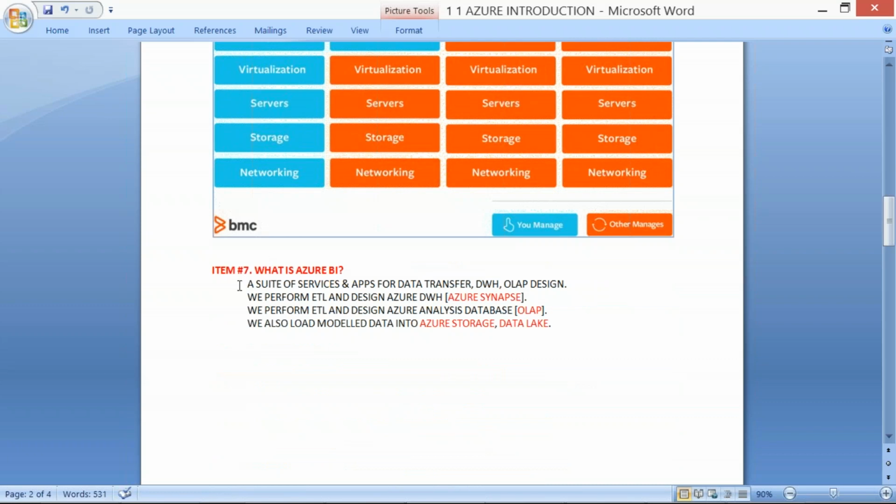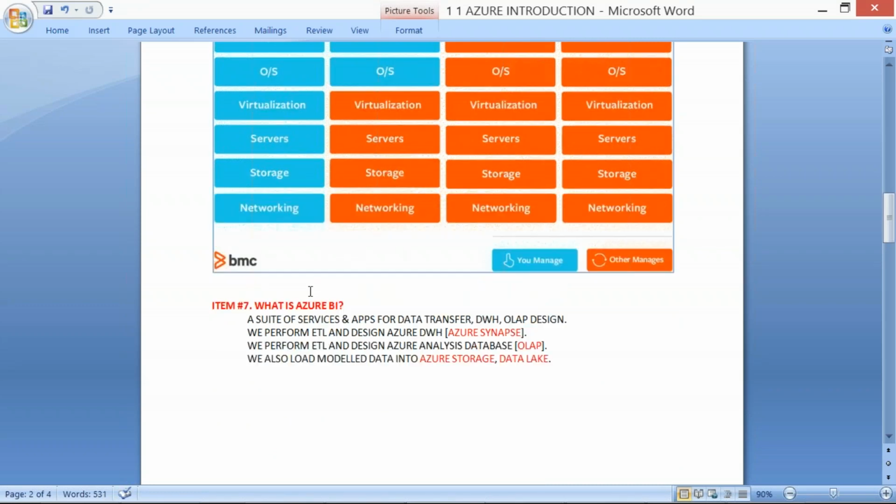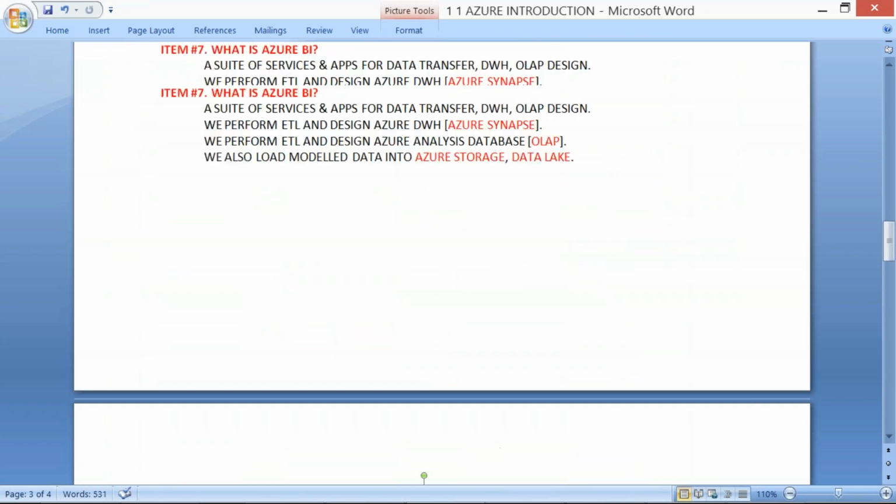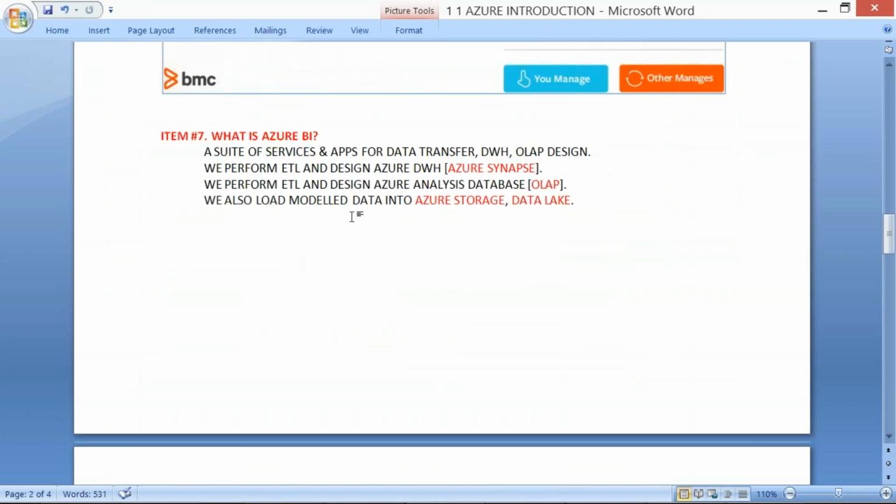So Azure BI is basically a suite of services and applications for robust data transfer, big data transfer, and involved in data warehouse design and OLAP database design.